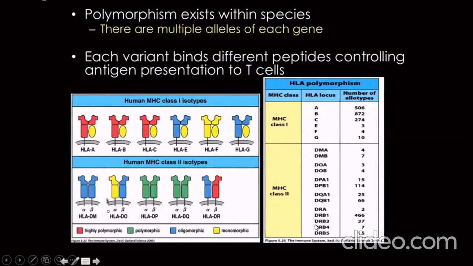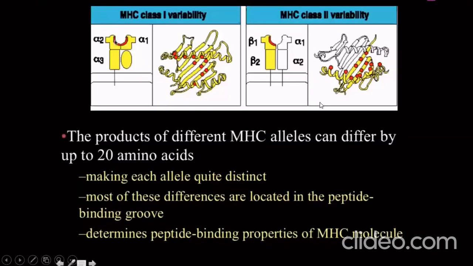This is the class, this is the isotypes, this is the allotypes. You go with a complex that comes with either polymorphic or monomorphic. And how the variability comes up, in terms of going to fundamentals: each MHC allele can differ by 20 amino acids coming from what the alpha or beta helix is made of. Specifically, this is the cleft that helps in peptide binding for an antigen.